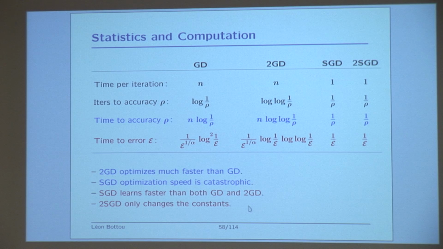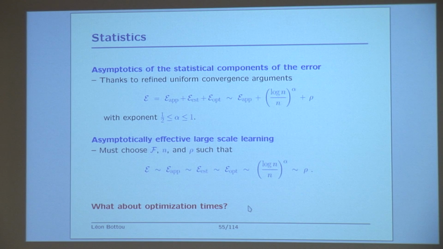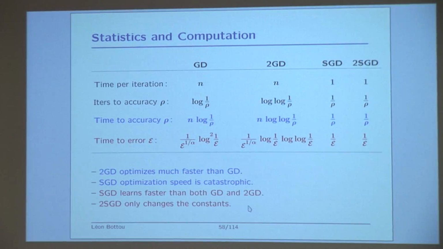And now I have to use my equivalences. So if I go back here, I see that the error is 1 over n to the alpha. There is the log here, fine. And I try to express everything with the error there. And what I see is that the time to reach a certain excess error, for the gradient descent, is like 1 over the target excess error, to the 1 over alpha.